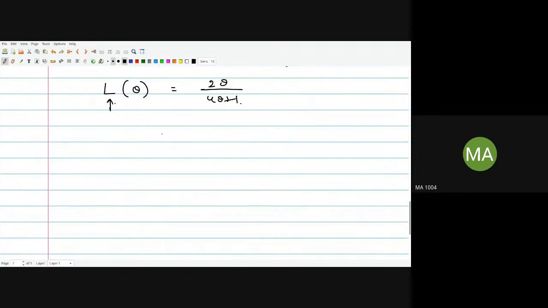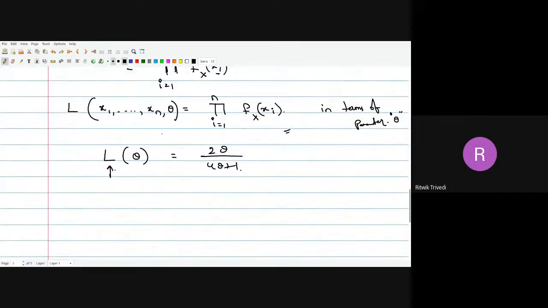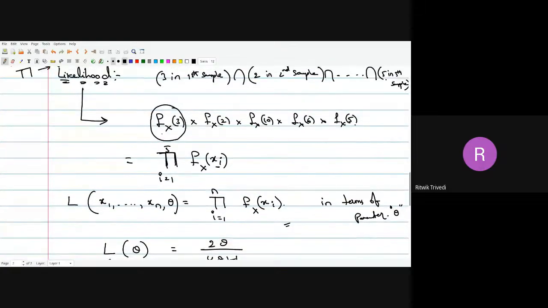So how do we maximize? This L theta, this likelihood, is a product of densities of the samples, right?